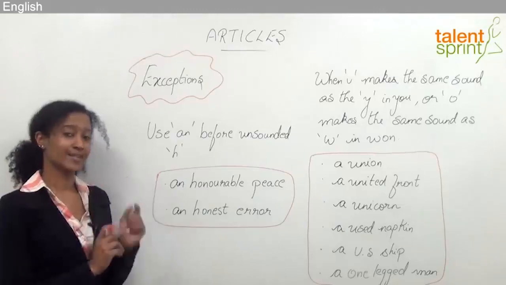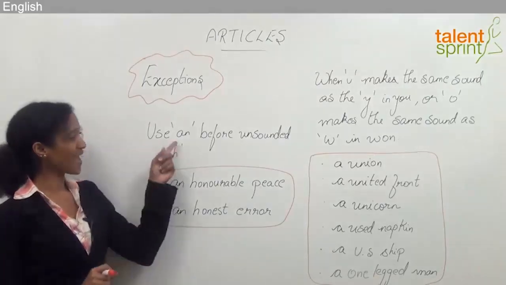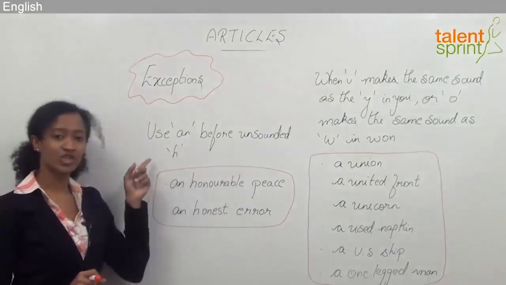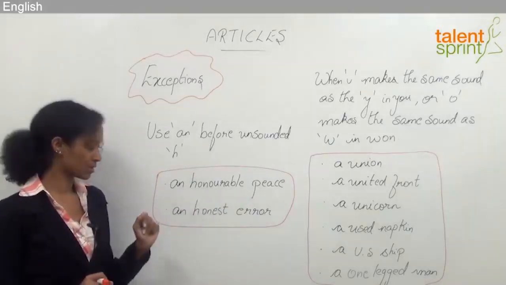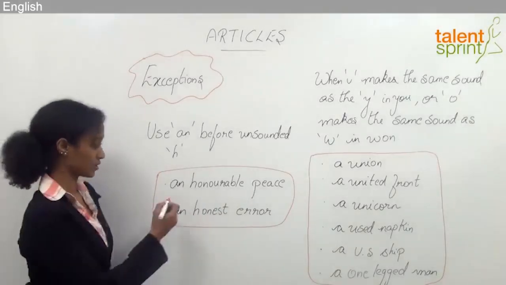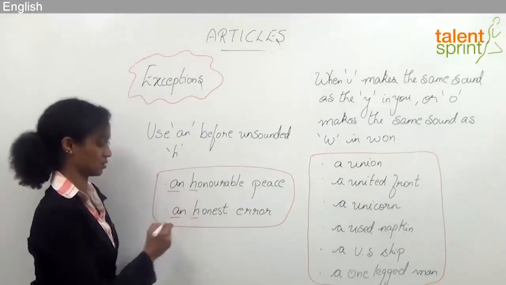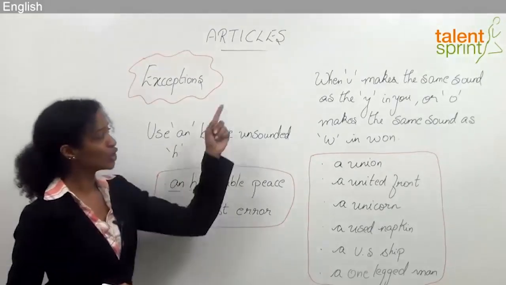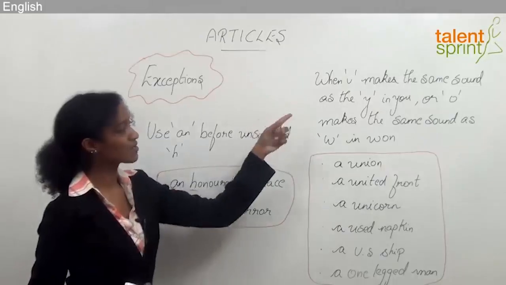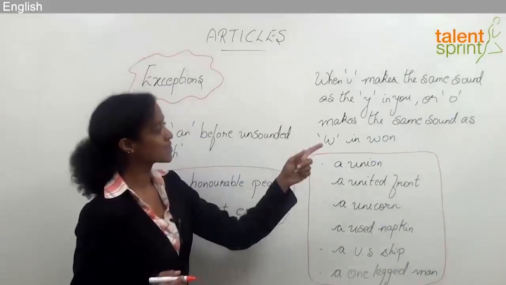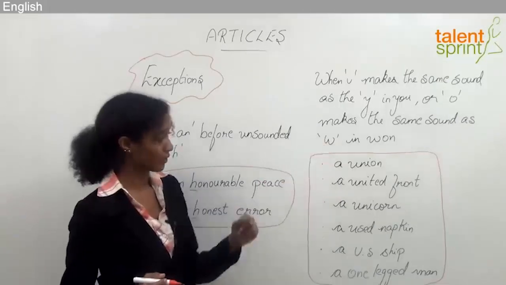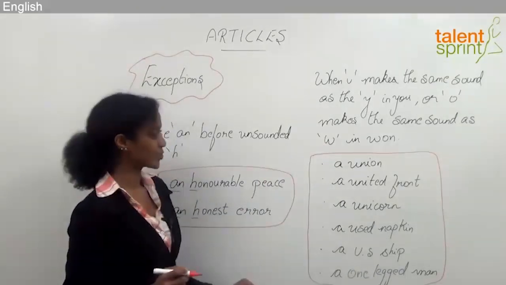So these are the exceptions. Use an before unsounded H, silent H: an honorable peace, an honest error. Yeah? And when U makes the same sound as the Y in you, or O makes the same sound as W in one. So let's take a look at these examples.